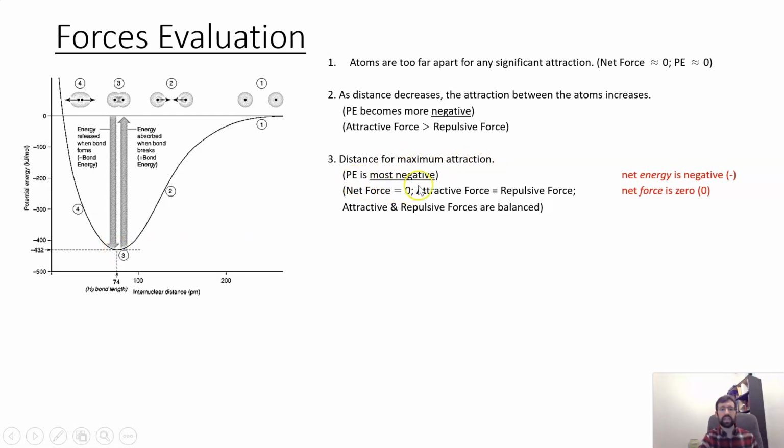The potential energy is the most negative, but the net force equals 0 because the attractive force, the force trying to pull the atoms closer together to this point, and the repulsive force, the forces that would push them apart if we were to try to push them too close together to reach that ideal distance, have to be equal to each other, so we have a net force of 0.